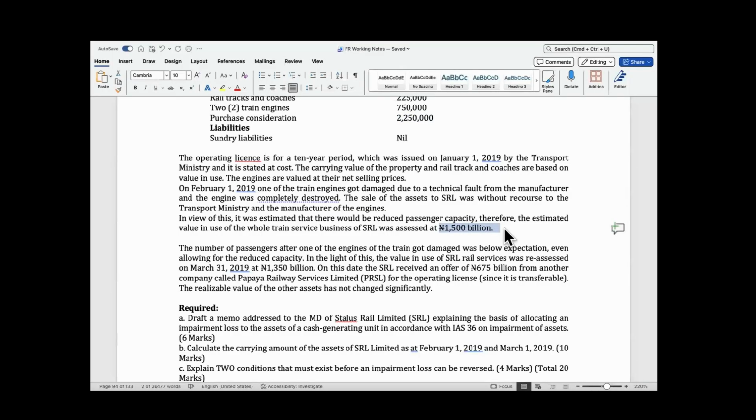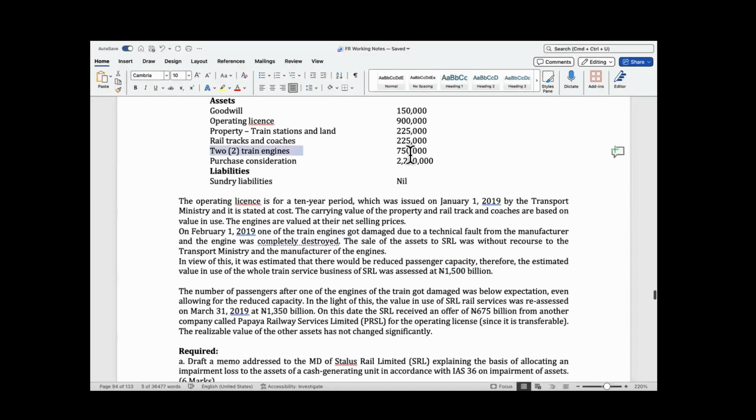First, I allocate to the physically damaged asset, which is one of the train engines that got damaged. Since we have two, and the value of the two is 750, the value of one will be half of that, which is 375.